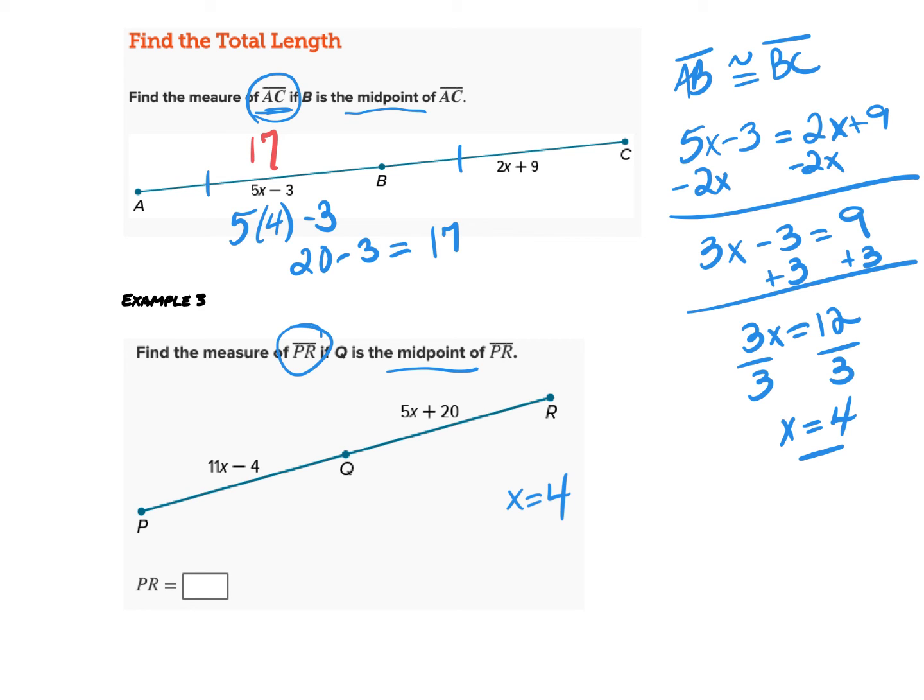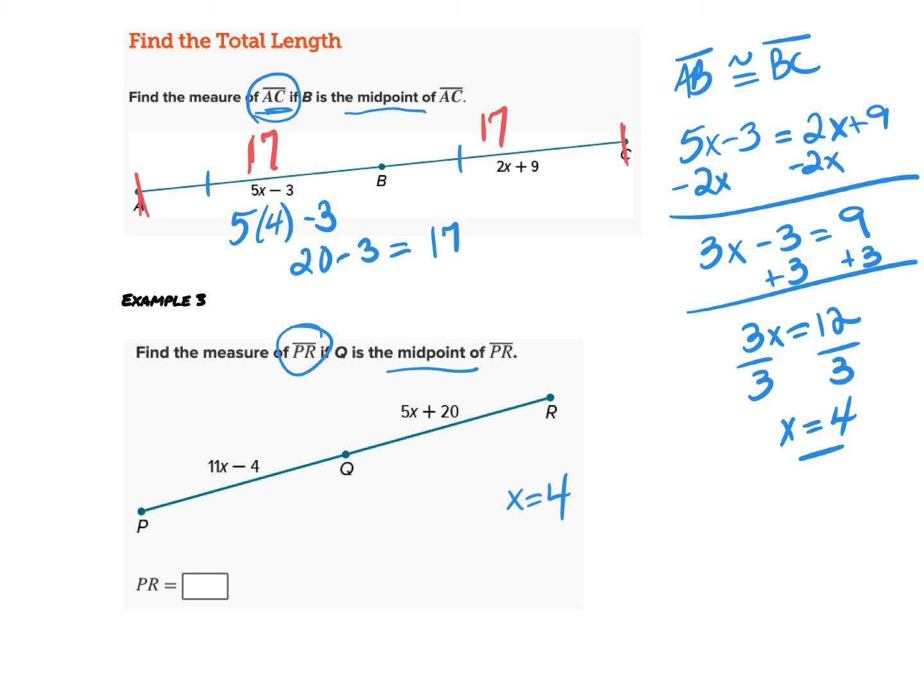So I know that AB is 17. But if you notice, AC is the entire length of the segment. So because B was the midpoint, both segments are equal to 17.